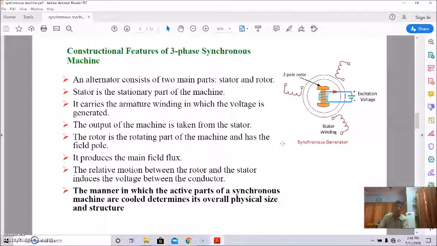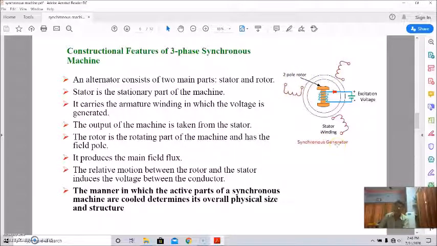So the constructional features of three-phase synchronous machines are like this. This is a synchronous generator. This is the rotor, where DC excitation is being provided, and this is the stator, the three-phase stator winding.